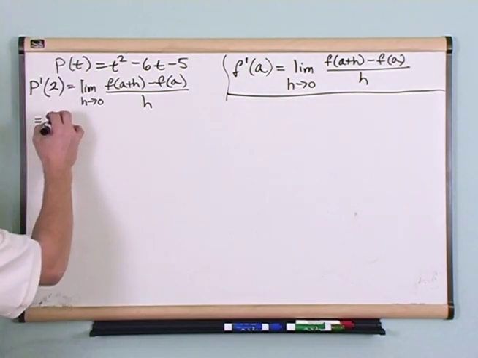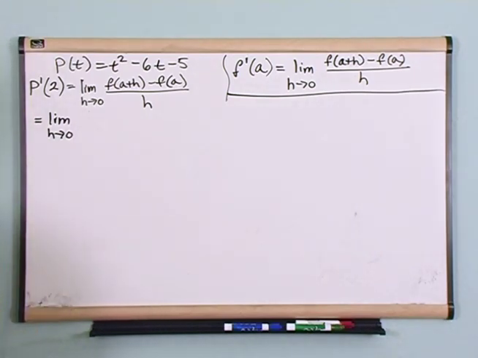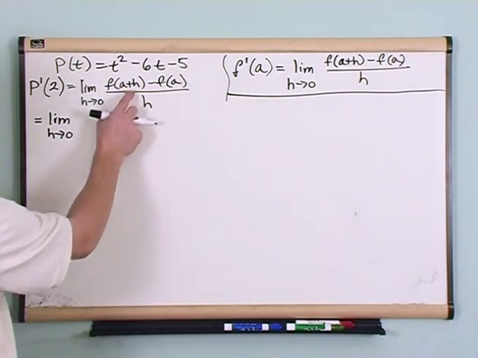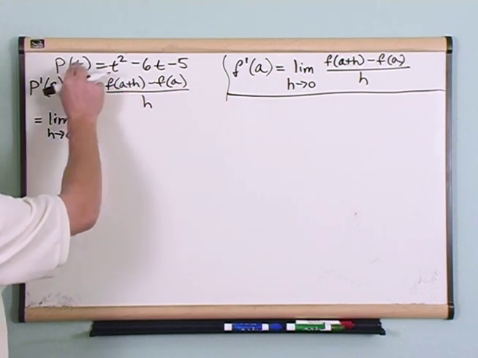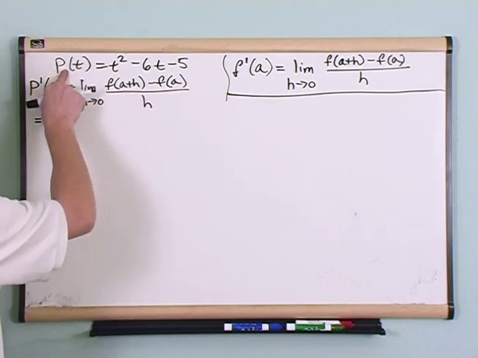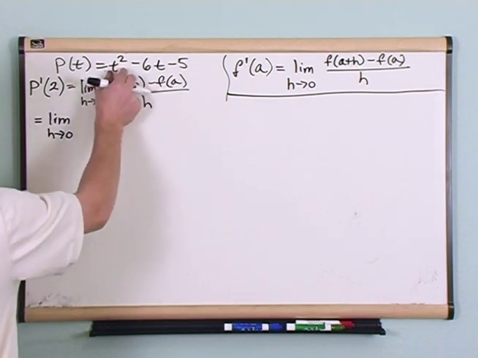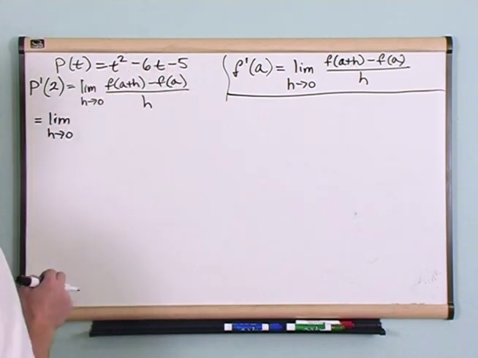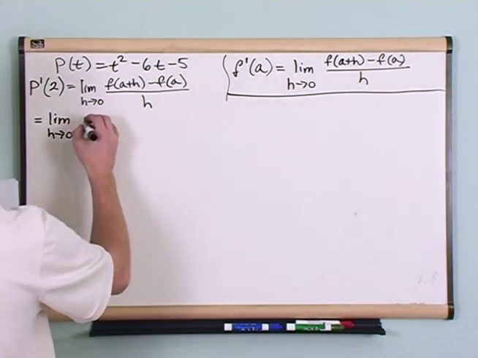This is equal to the limit as h approaches 0. Okay? What does this mean? F of a plus h. What I'm going to do is I'm going to take a plus h, the quantity, and plug it into the function I'm dealing with, which in this case is p. Okay? So a plus h is going to go here, a plus h is going to go here. And then I'm going to keep going.